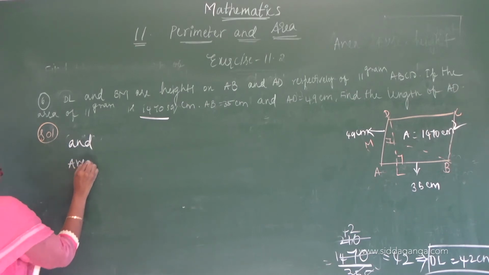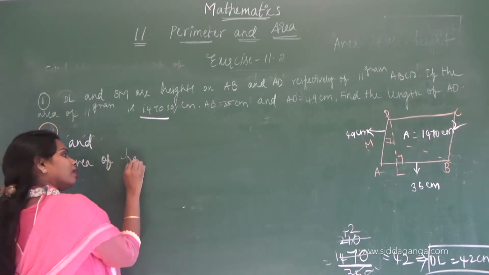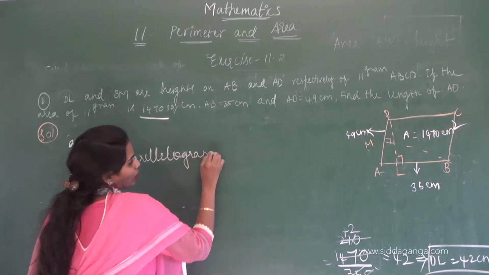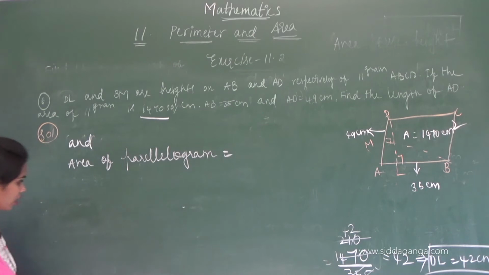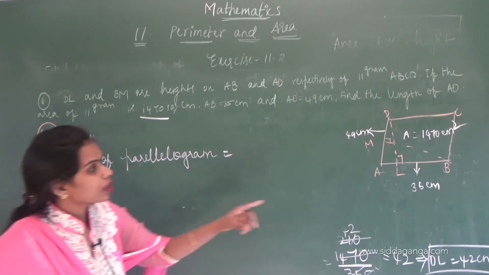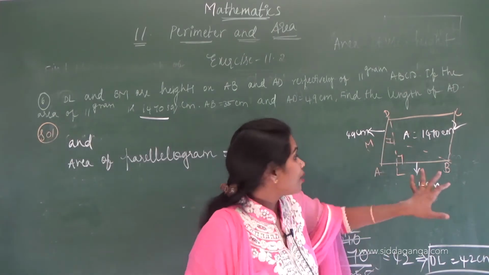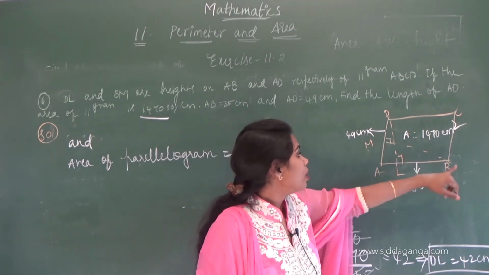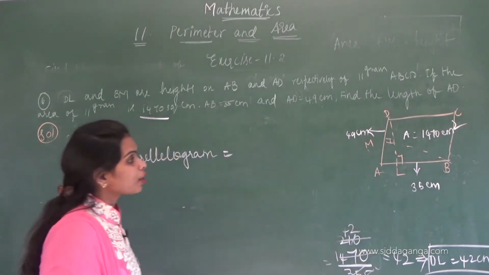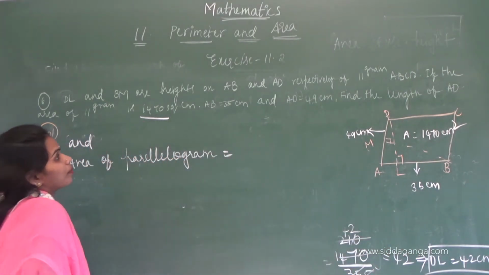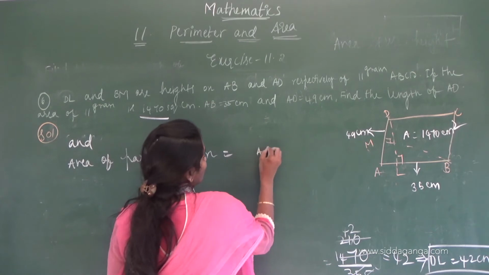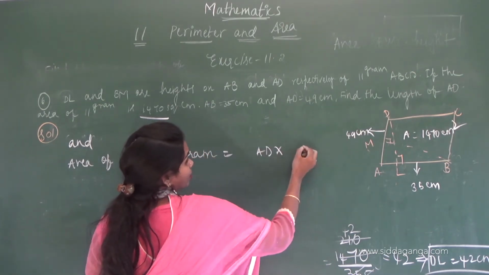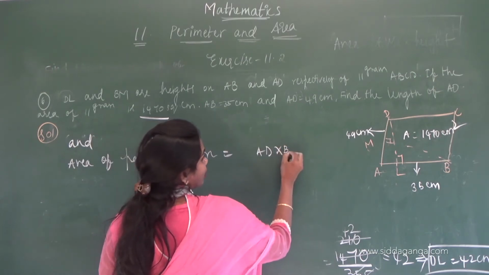Area of parallelogram is equals to, on that time we did this one into this one, correct? DL into AB. Now we have to do BM into DA or AB. AD, into base into height is BM.